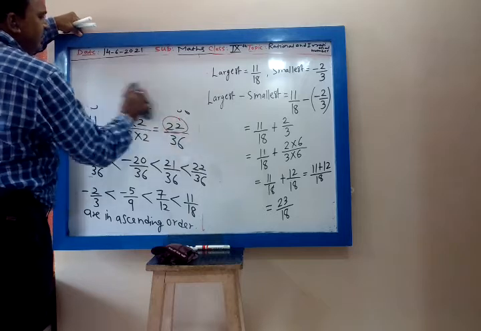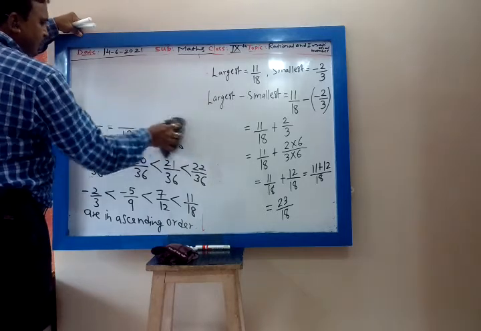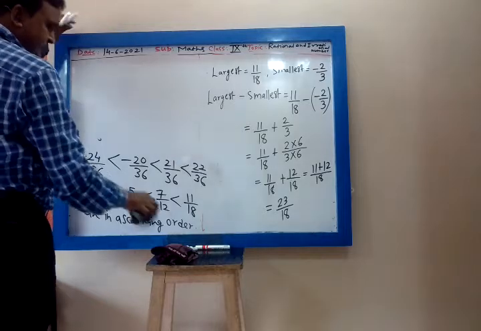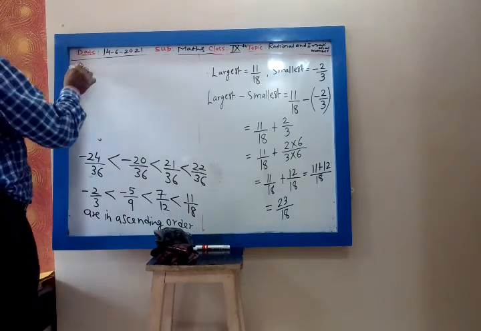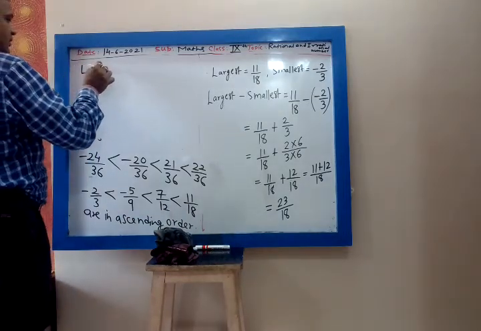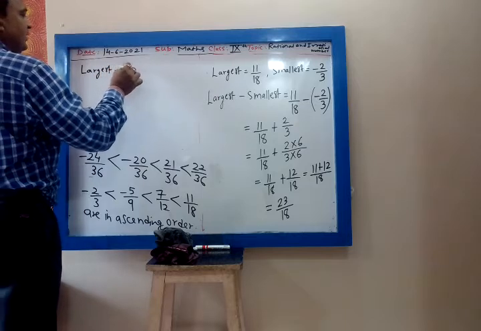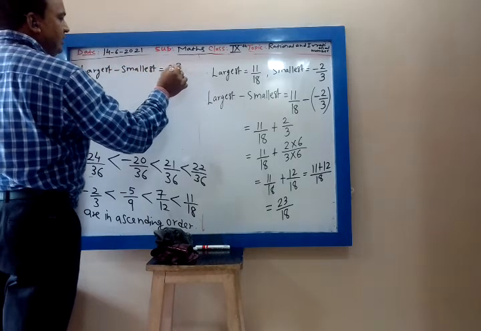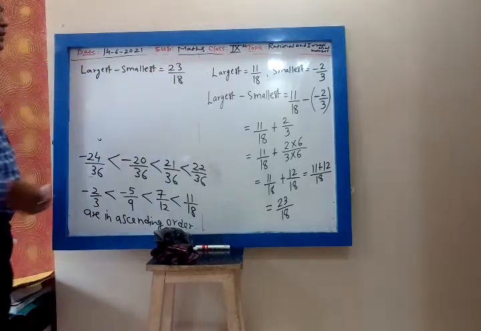After arranging them in the ascending order, we have found the difference of largest and smallest. So largest minus smallest is 23 upon 18. So the second part is over.